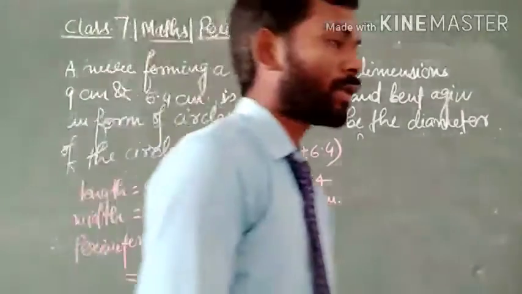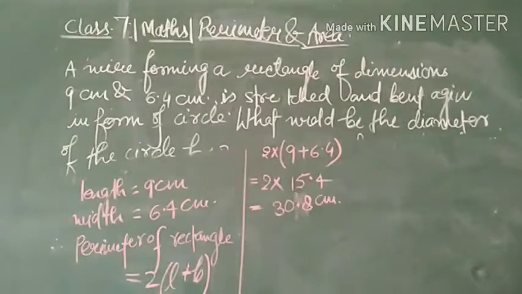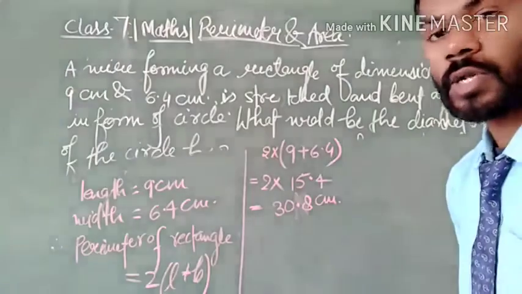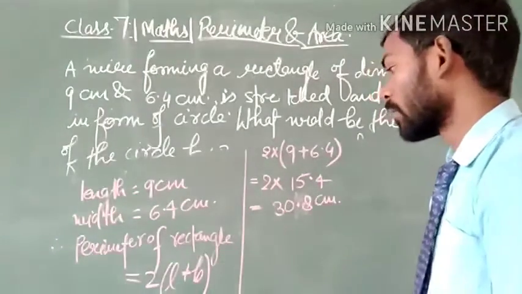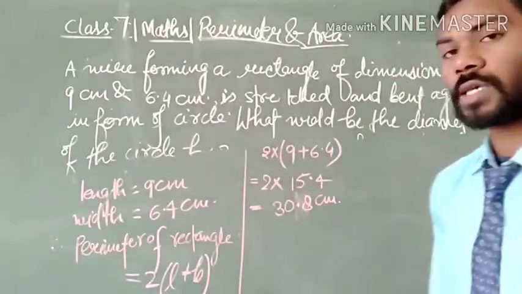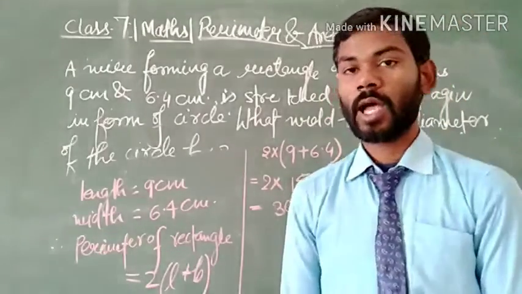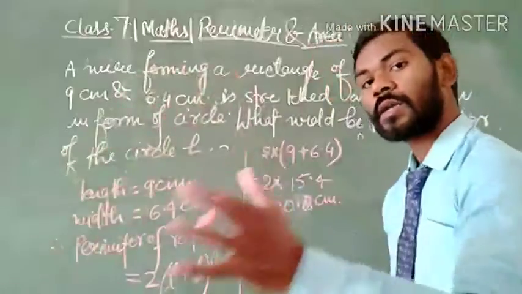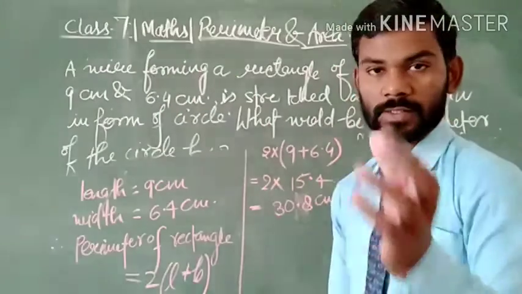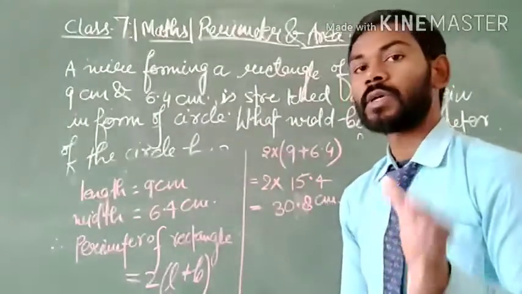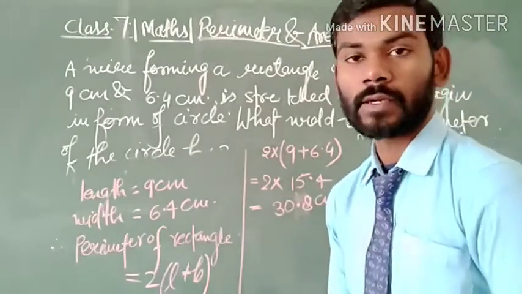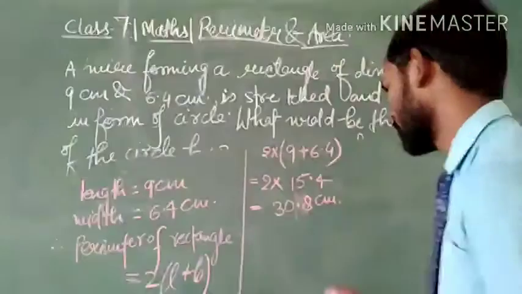So 30.8 centimeter is the perimeter of rectangle, which is the total length of wire. Since the same wire is used to make the circle, it is obvious that the total length of wire will never change.